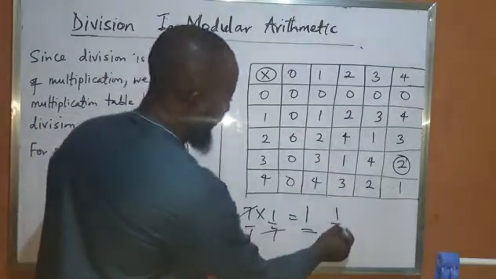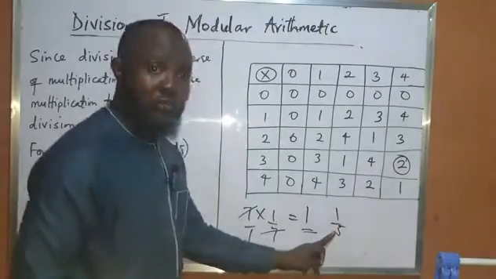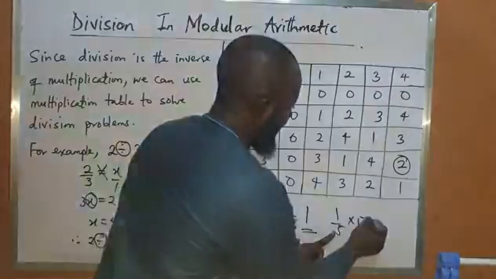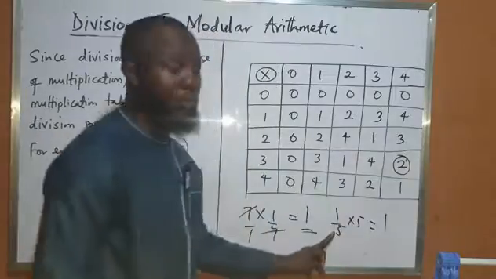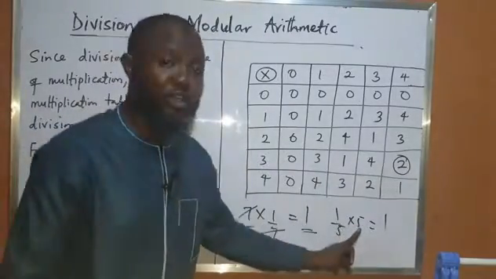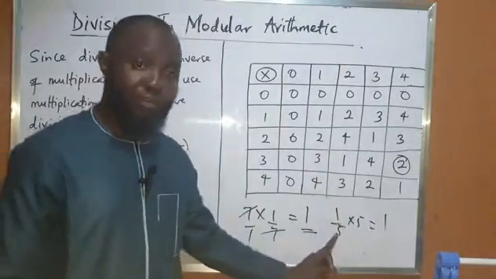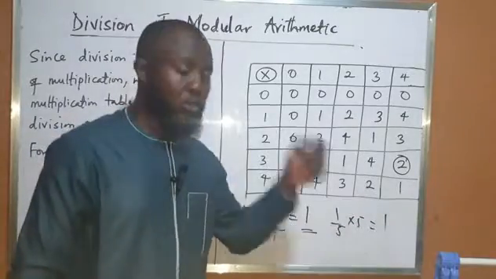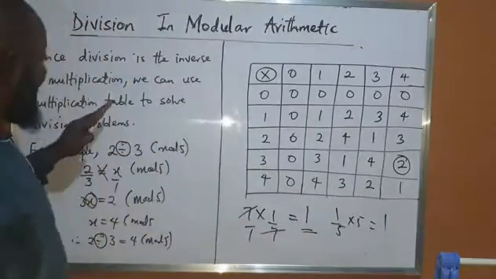If you have 1 over 5, the multiplicative inverse of 1 over 5 is 5, which will give us 1, because when you multiply the multiplicative inverse of a number by that number, you get 1. So that's what we want to learn next.